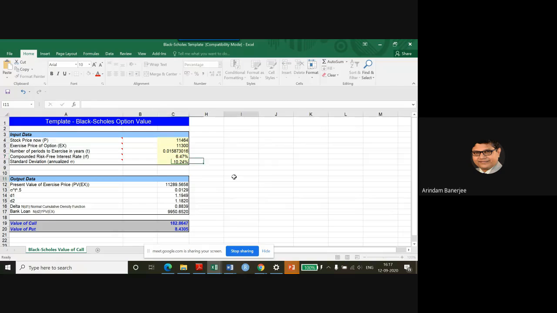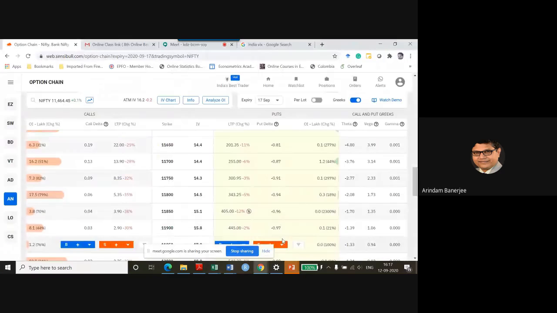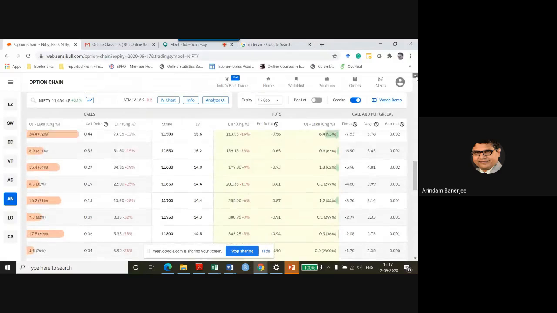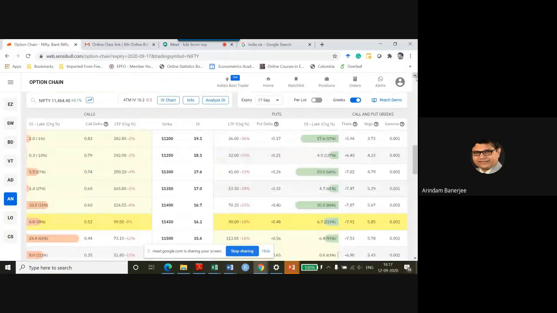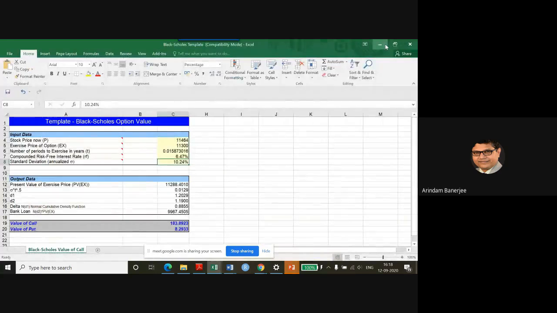For the standard deviation, suppose I take the implied volatility here, for 11,300, 17.6 is the implied volatility. So I am putting the same value, 6%. You can see this is the value of the call.